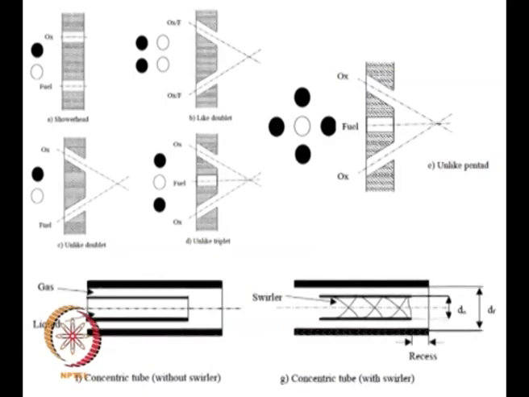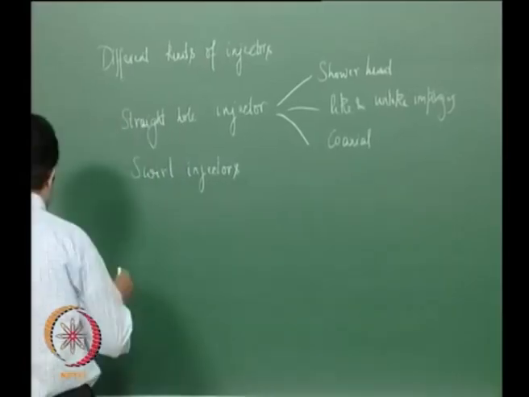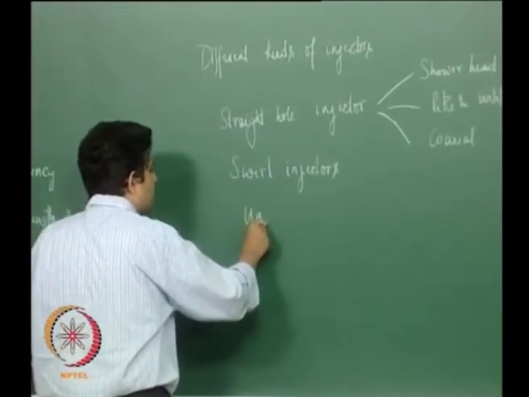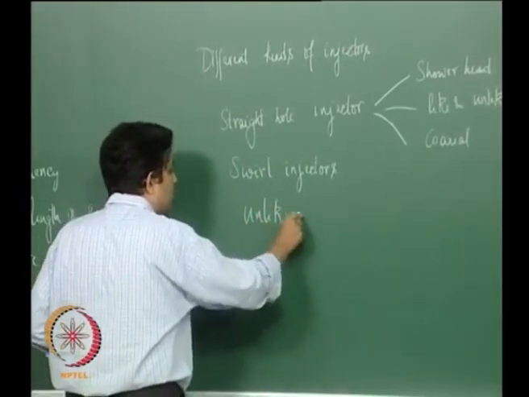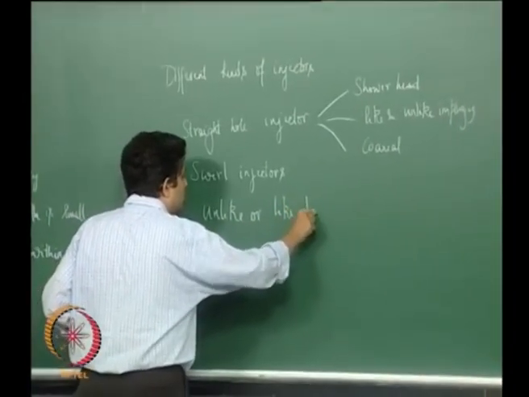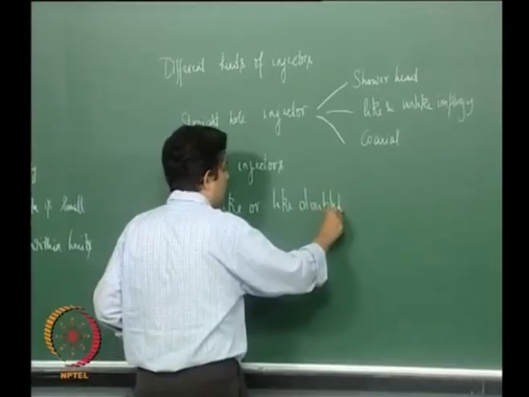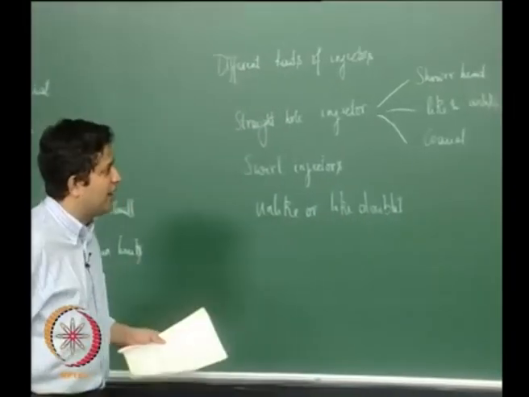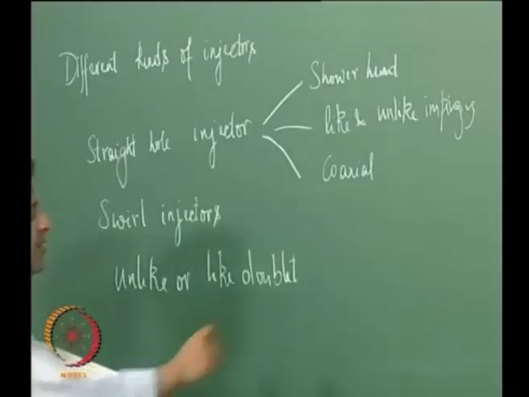Now if you look at like or unlike doublet, the jets come here, right. We will be able to show something. If you take a look at like or unlike doublet, it is something like this.